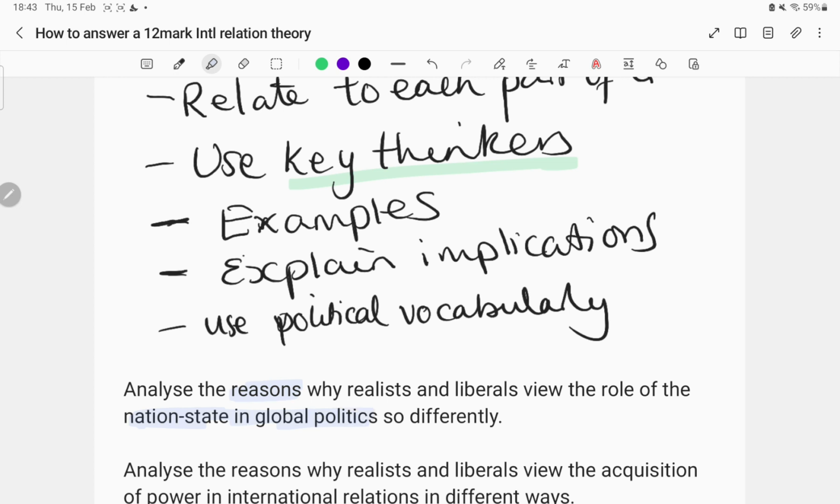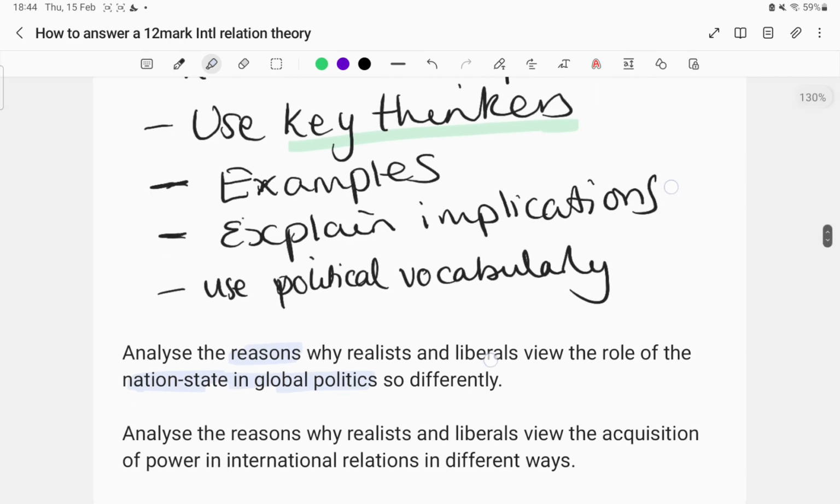And you could start with talking about, okay, well, one of the reasons is because of how they see human nature. Another reason is how they see power and security. Another reason is how they see the importance of state actors or the state system in an anarchical world. And you could also bring in anarchical society here as well, because although it's not realism or liberalism, it does, as I said, it's kind of that middle way. And showing that knowledge is never going to be a bad thing.